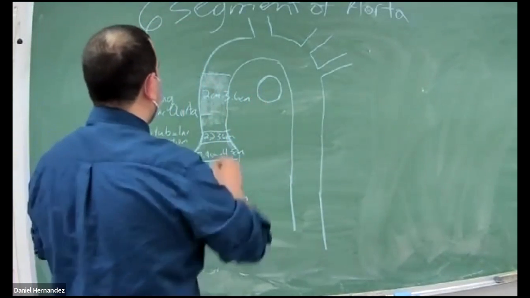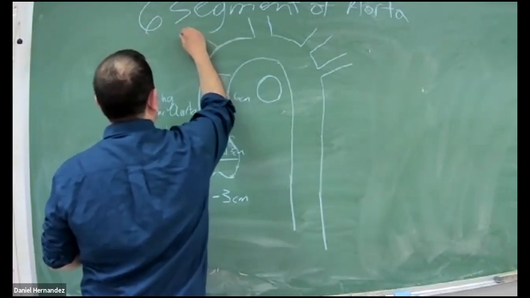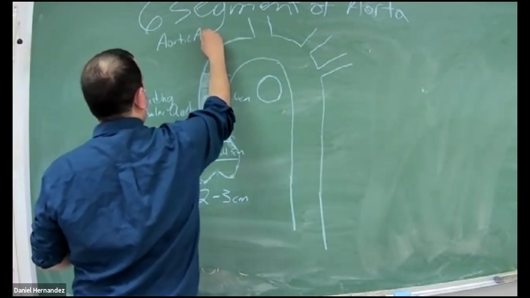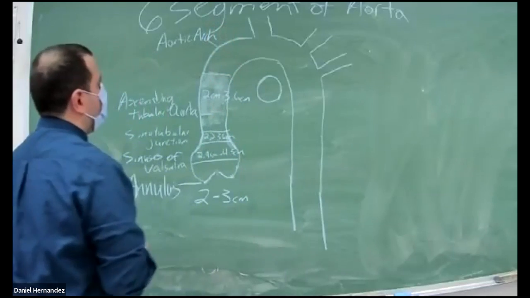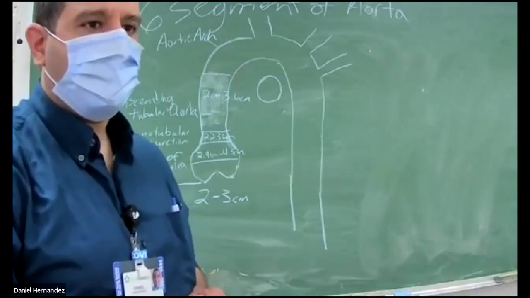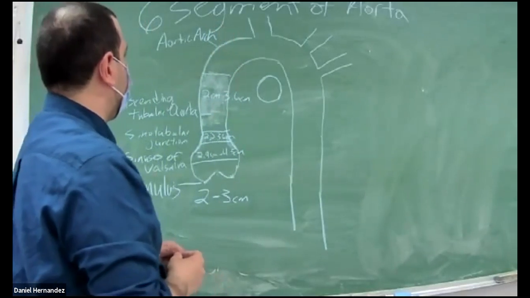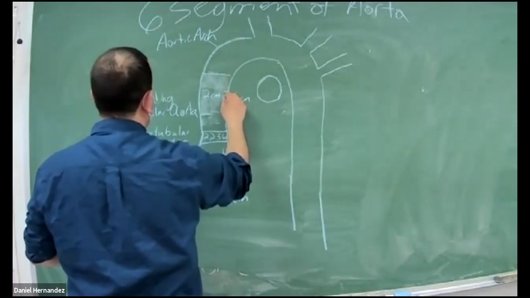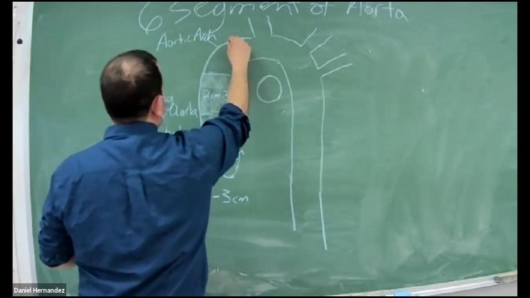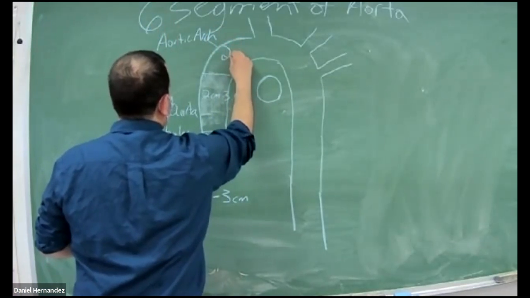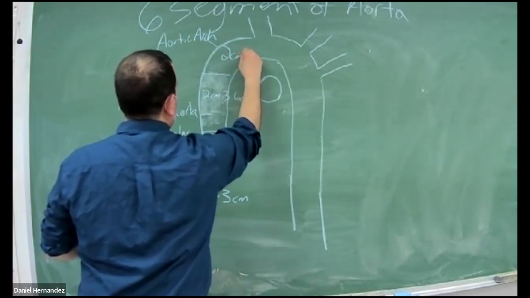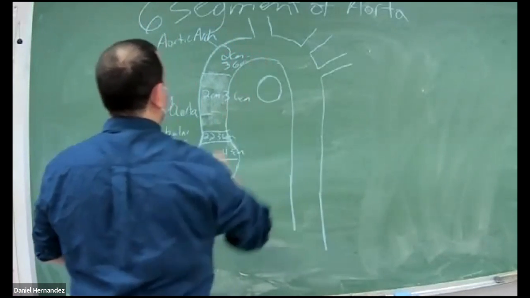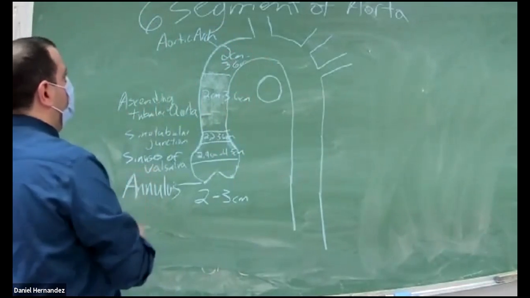The next segment we get into is our aortic arch. This has the same diameter as the ascending tubular aorta, 2 to 3.6 centimeters.